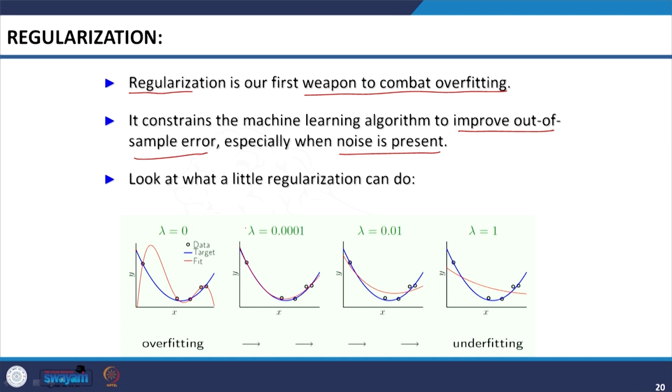When you are not using any kind of regularization, you are getting this kind of red curve. But when you are using regularization, you can see you are getting your fitted data as the actual one, as the target data. So, in that way regularization is quite useful. Now, what is this lambda 0.0? This is the regularization parameter.